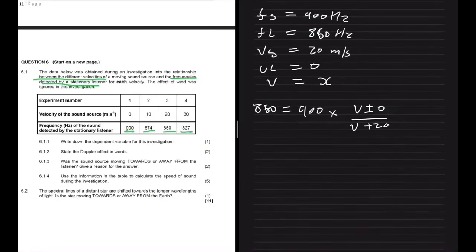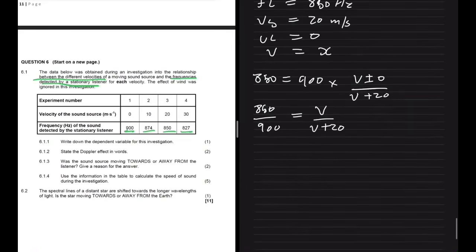Let's divide both sides by 900. We get 850 divided by 900 equals v divided by (v plus 20). Let's multiply: 850v plus 850 multiplied by 20 equals 900v.